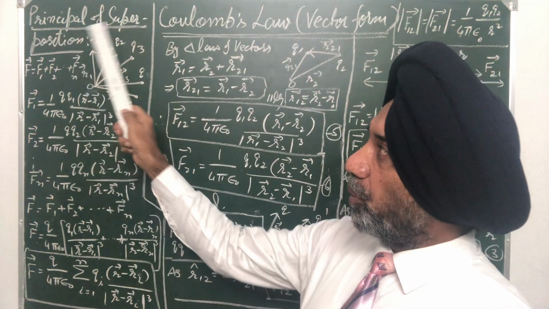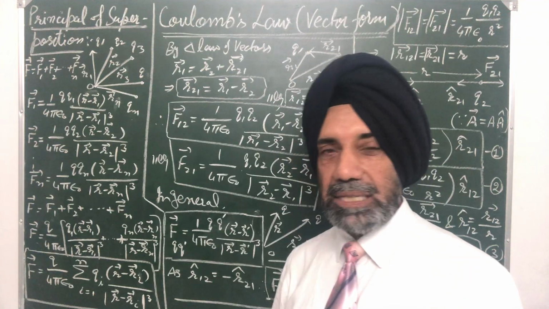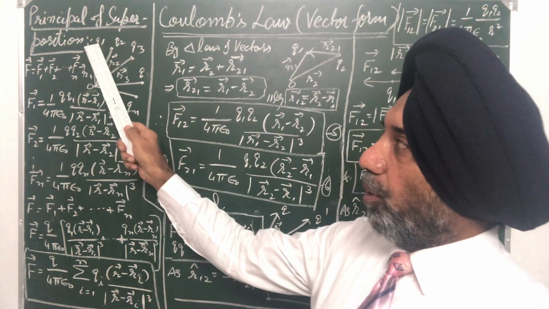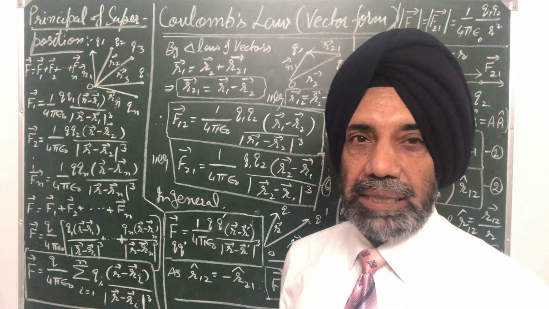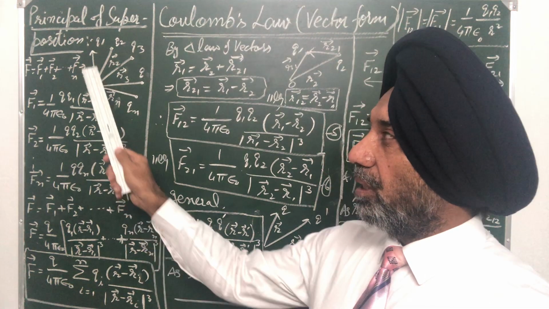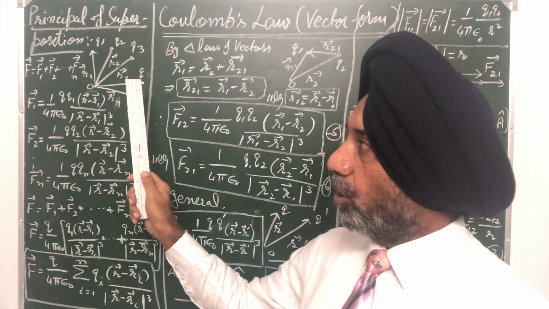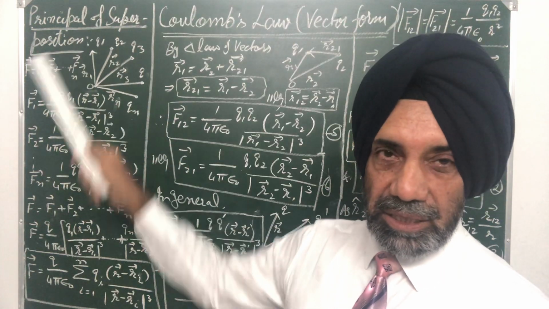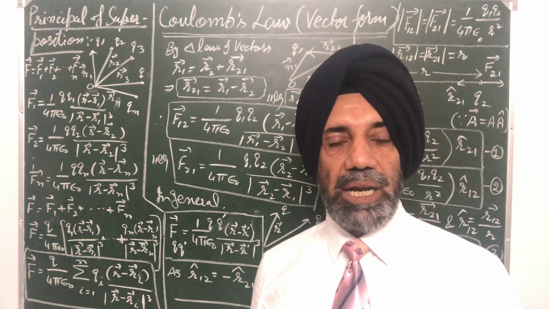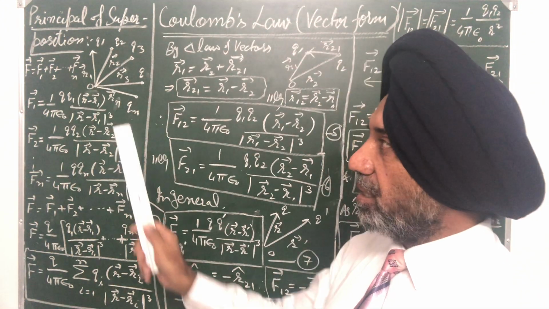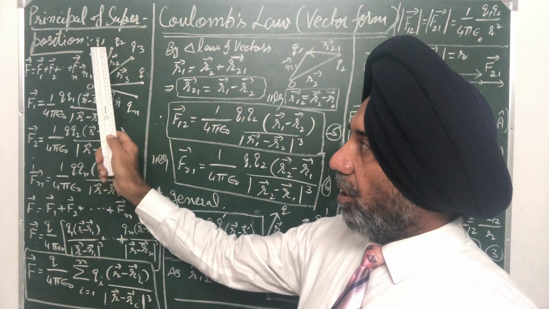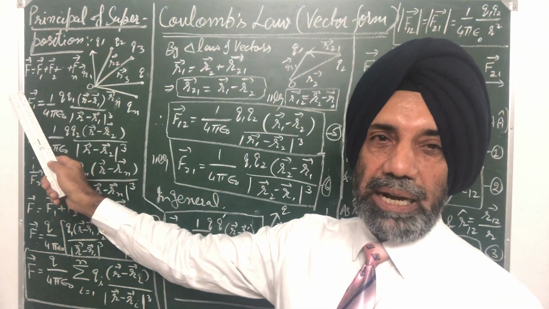So the principle of superposition states that when there are a number of point charges, the resultant force experienced by the test charge due to all the n point charges is equal to the vector sum of the individual forces. So the resultant sum of individual forces is the total electrostatic force.